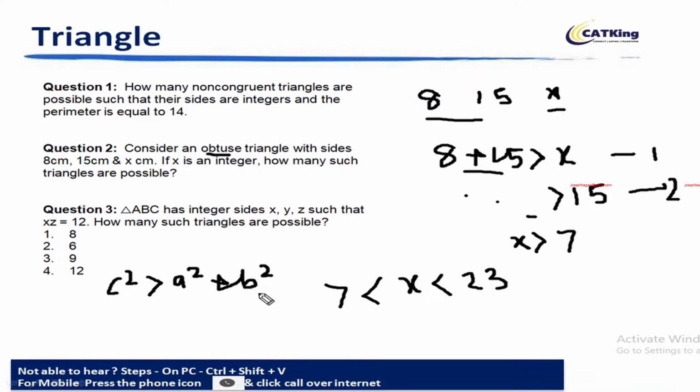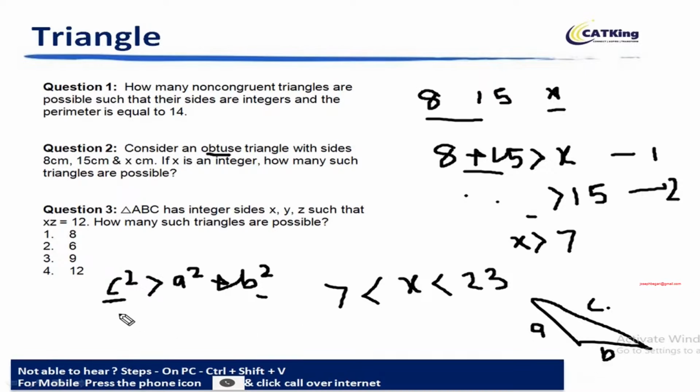So this is a property which all the obtuse angle triangles follow. And here c is not just any side, c is the largest side. So if this is an obtuse triangle, this is c, this is a, this is b, and c square will always be greater than a square plus b square.